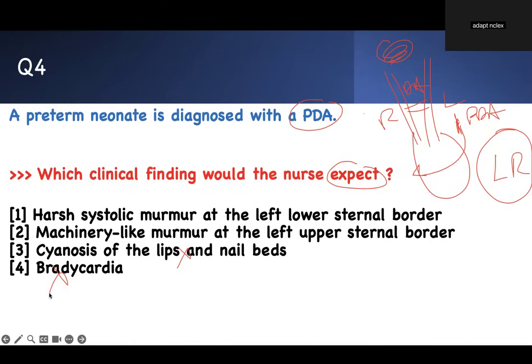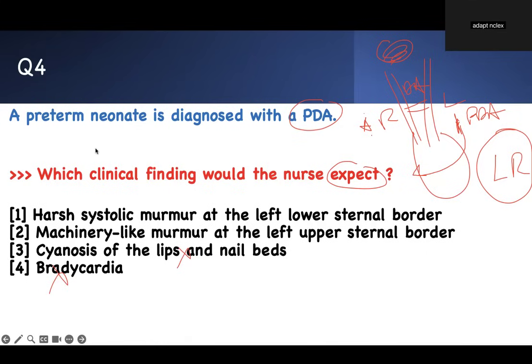Now you want to know where the murmur is located. Because there is a connection between these two vessels, blood is flowing whether you like it or not, whether in systole or diastole. It's like a machine that keeps on pumping blood no matter what.